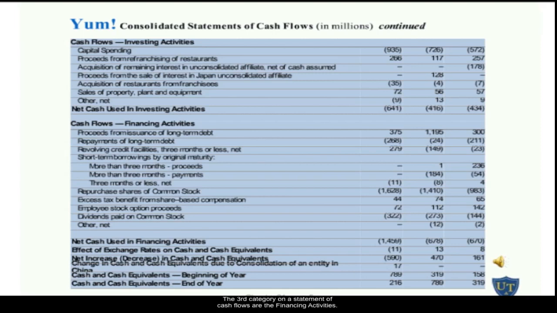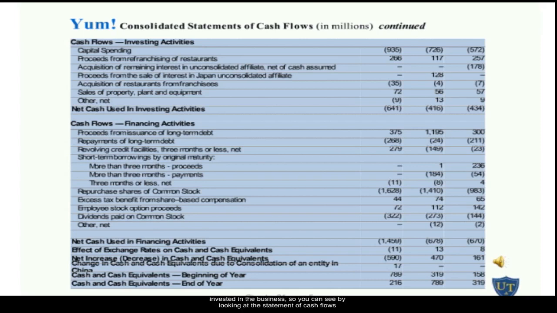The third category on a statement of cash flows are the financing activities. This relates to cash inflows and outflows related to non-current liabilities and stockholders' equity. In a statement of cash flows, this section acts as a plug section. Because Yum is generating positive cash flows from operations, they have cash left over after they've invested in the business.